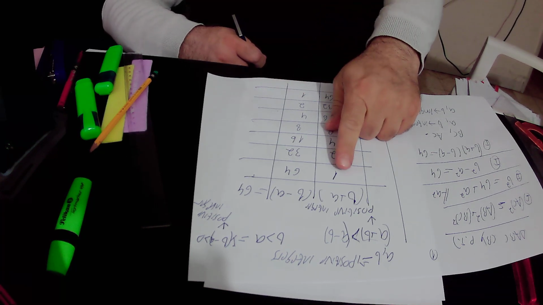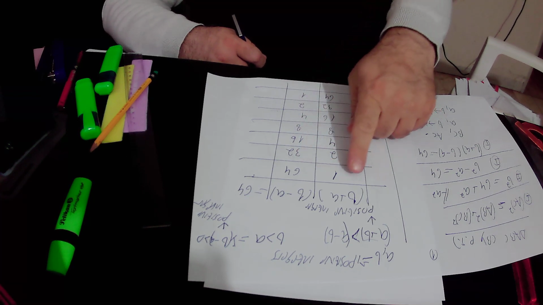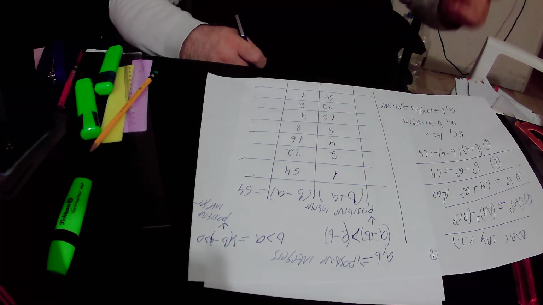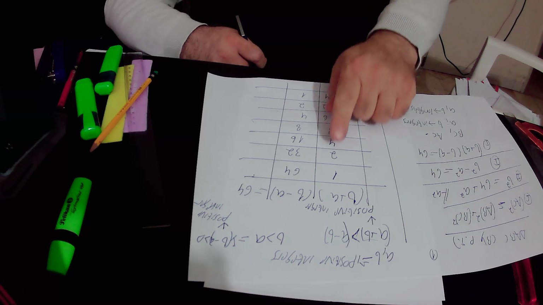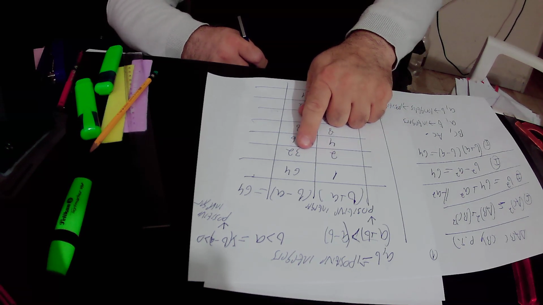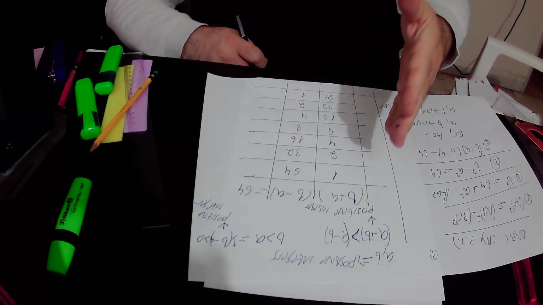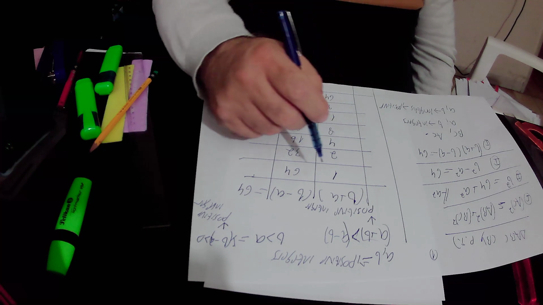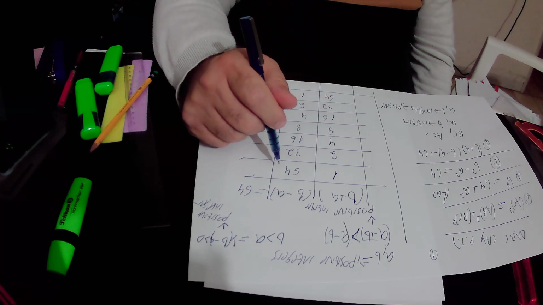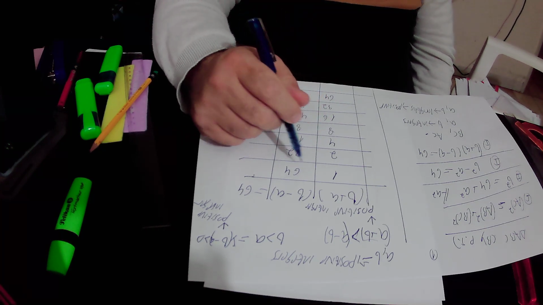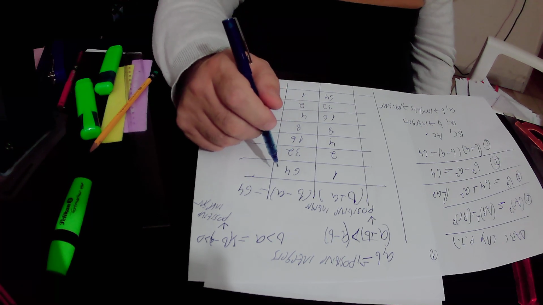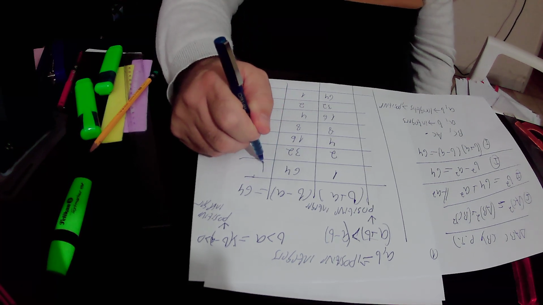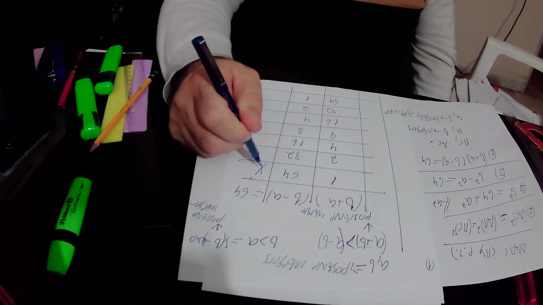And 1 is less than 64, therefore it is not true here, because b plus a must be greater than b minus a, so 1 is not greater than 64. Therefore, this is an invalid option. We will cancel this solution.